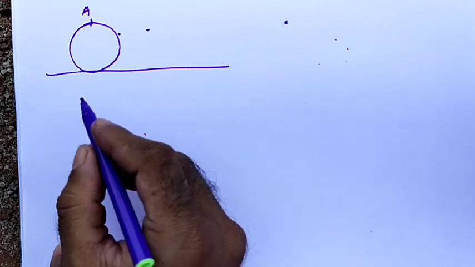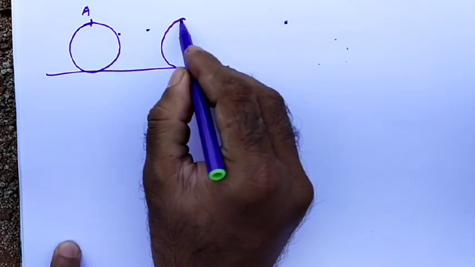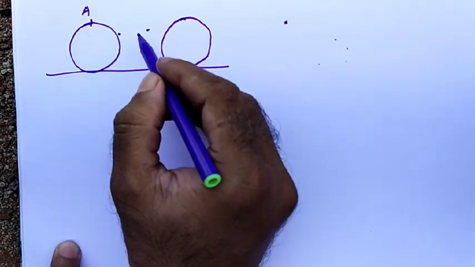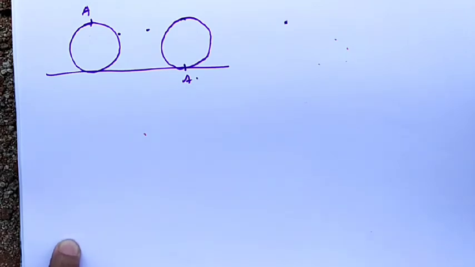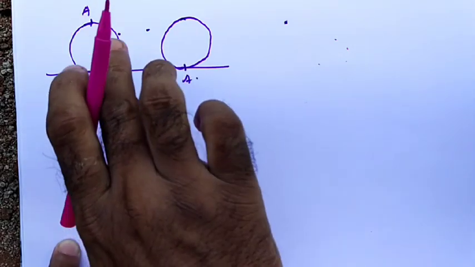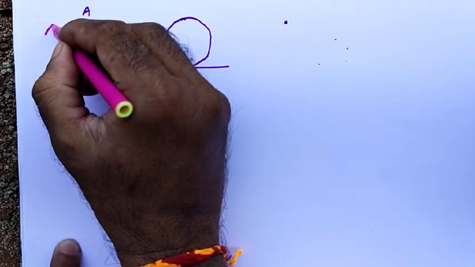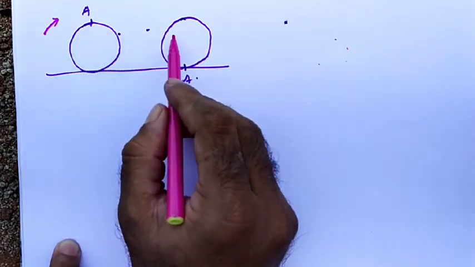When he rolls the tire, it comes to this point. The tire, the circle, is moving in this way, in the clockwise direction. While it is moving, the point A has come here.